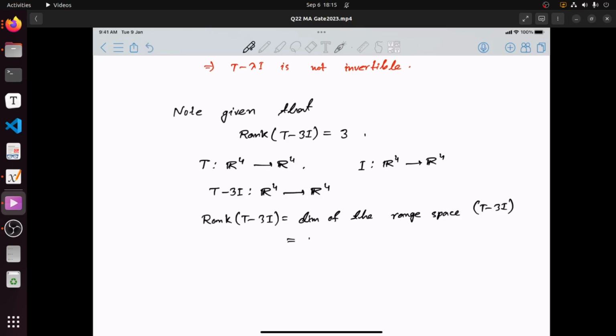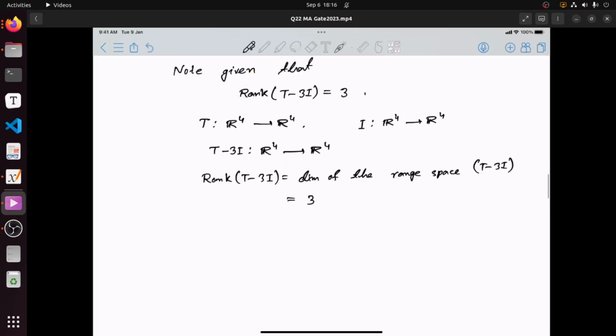And so this is 3, but T minus 3I is a map from R4 to R4, and the dimension of the range space is 3, which is strictly less than 4, right? Because the dimension of R4 is 4, which implies T minus 3I is not onto.